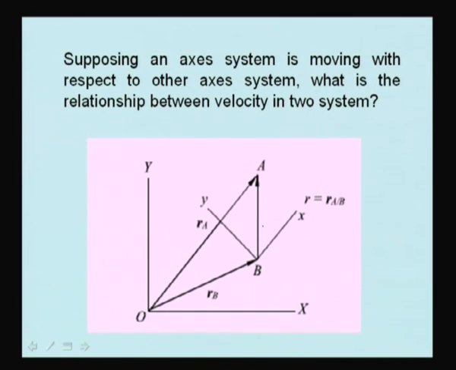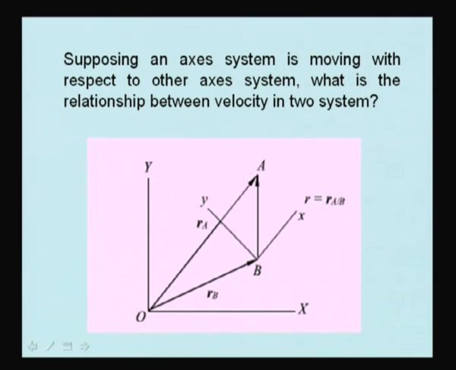Now, supposing an axis system is moving with respect to the other axis system, that means small x y is moving with respect to the other axis system, capital X Y, then what is the relationship between the velocities in the two systems?